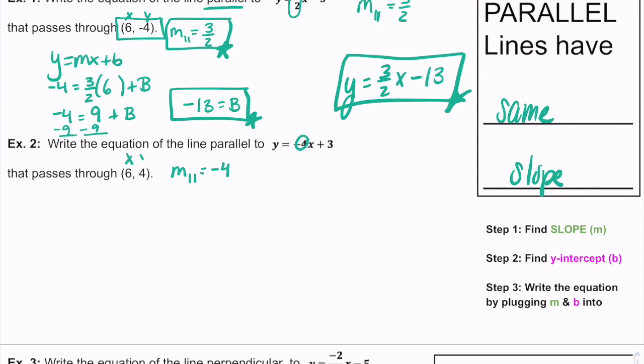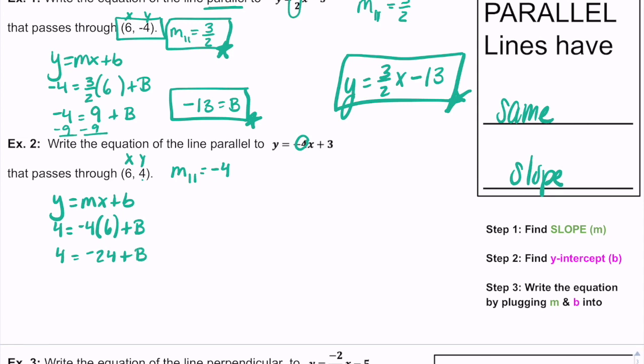We have this ordered pair, (6, 4). This time, notice the 4 has a different sign. So y = mx + b. We're going to plug in the y. So 4 = my slope, -4, times the x value, which is 6, plus b. So 4 = -24 + b.